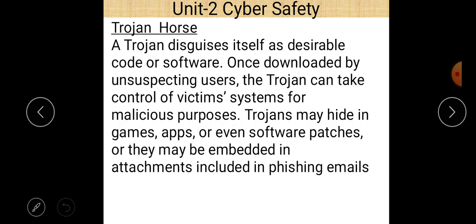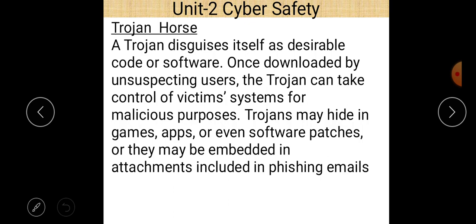So most people just download the file which contains the Trojan horse, and once downloaded by an unsuspecting user, the Trojan can take control of the victim system. It can take data from a system and pass it to the network, or it can even damage your data.